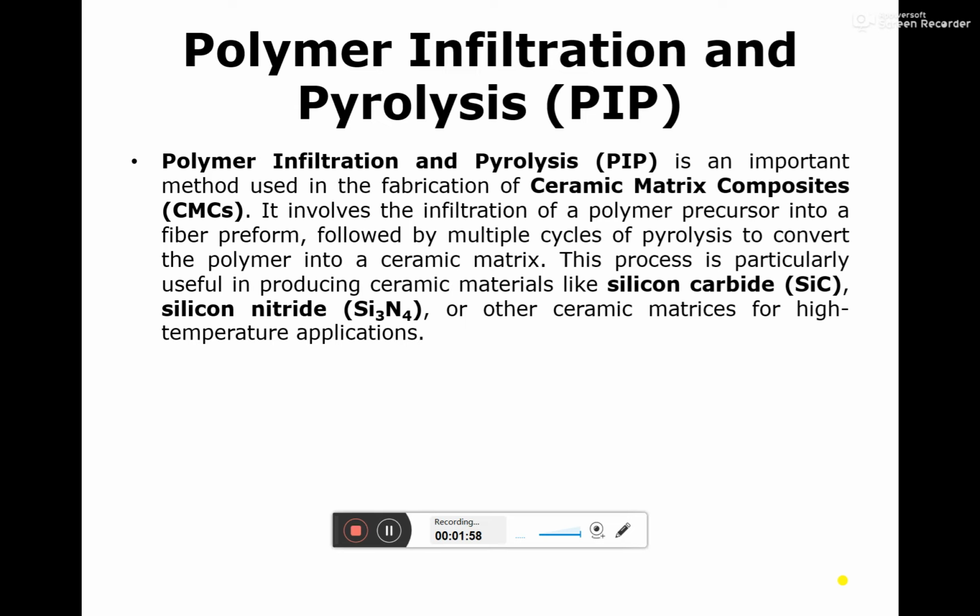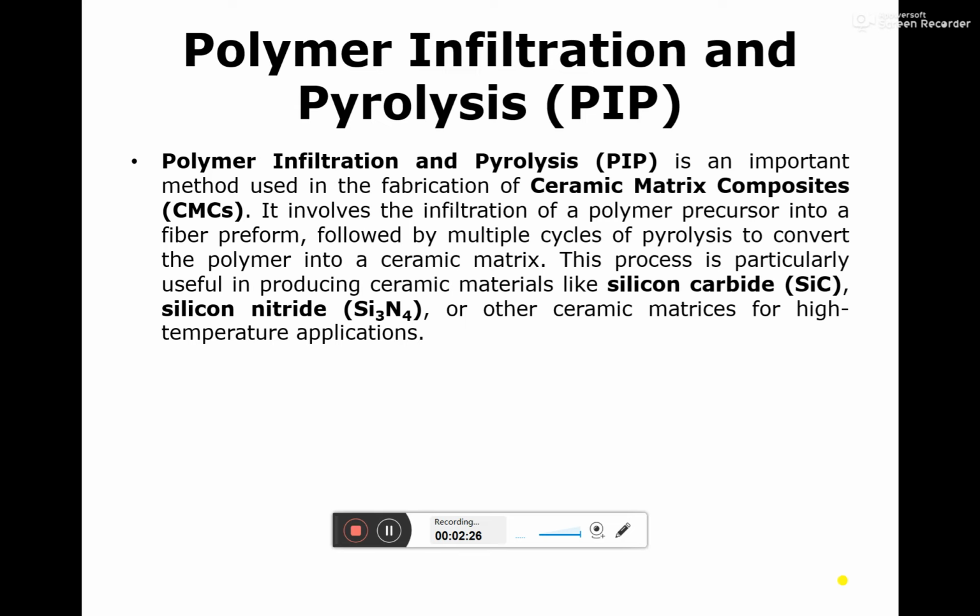Mainly, it involves the infiltration of polymer precursors into a fiber preform. In most of these infiltration processes for ceramic matrix composites, we use precursors. So in this process, we are going to use polymer precursors.